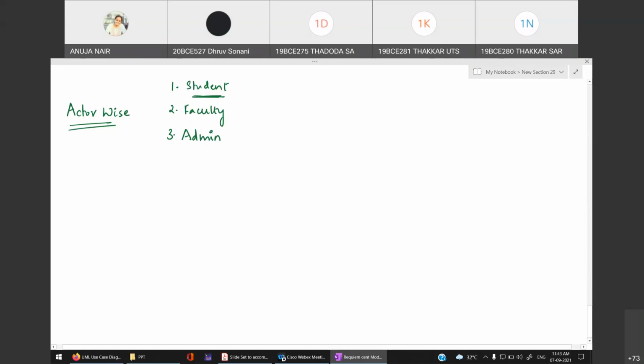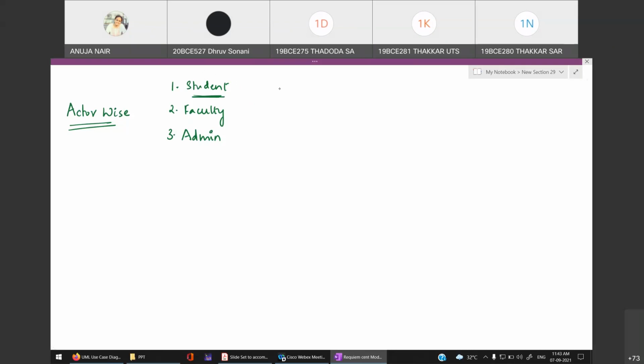All the requirements of student can be shown in a single use case, and again, if you have more functionalities, then you show sub use cases. So either you can show it actor wise or use case wise, like the previous one that we talked about yesterday.